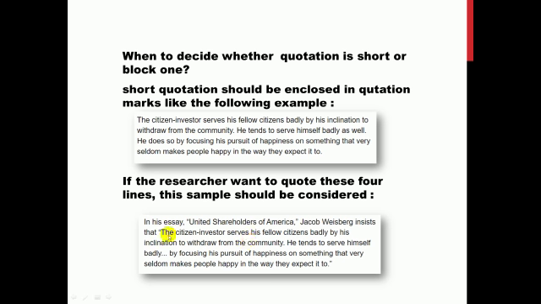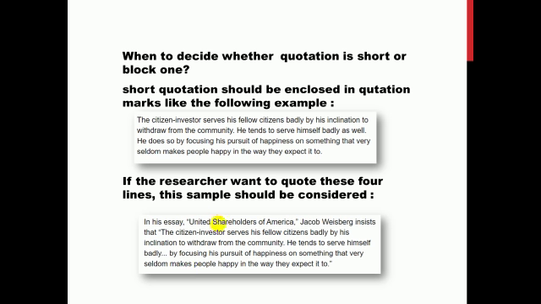It starts from "the citizen investor serves" and ends at "to do." So in this case there are four lines. Why can't I consider this as a block quotation? Can I explain more?